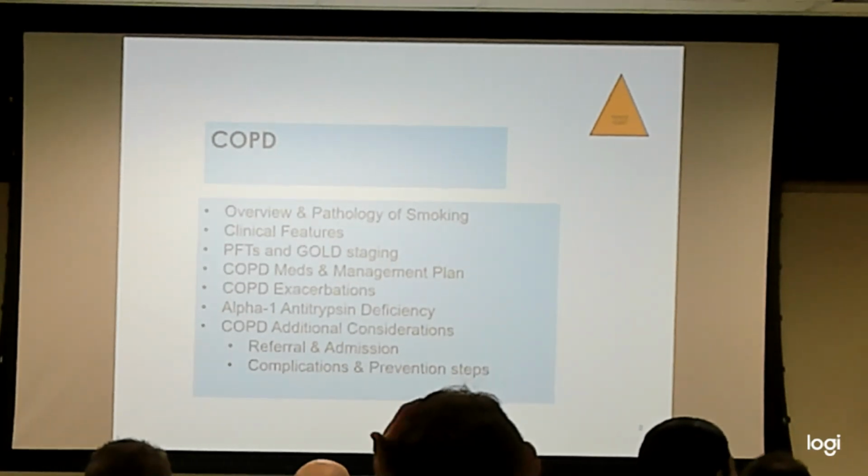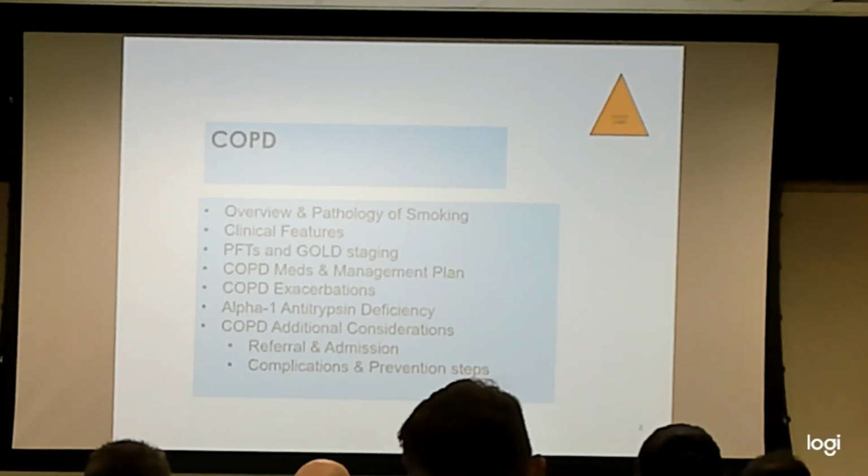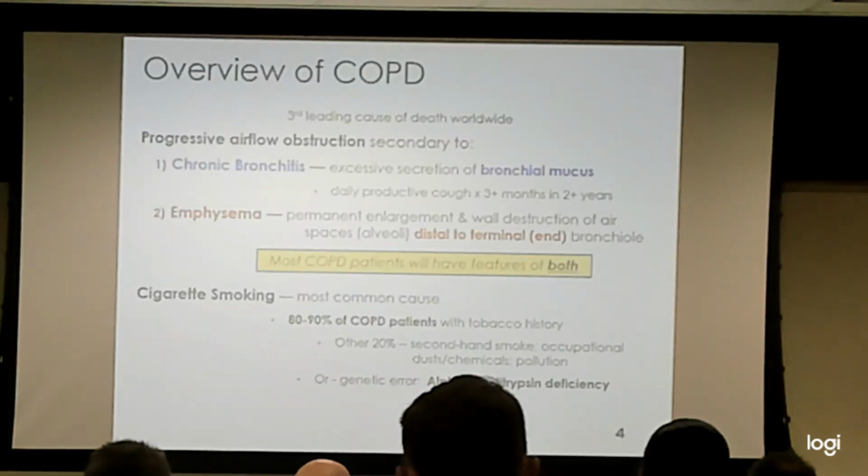There are some genetic conditions that someone can have where they can present with this earlier, and we'll talk about that one. But in general, COPD is going to be more of your internal medicine, or if you're in a smaller outpatient clinic, you may have to treat some patients with COPD.